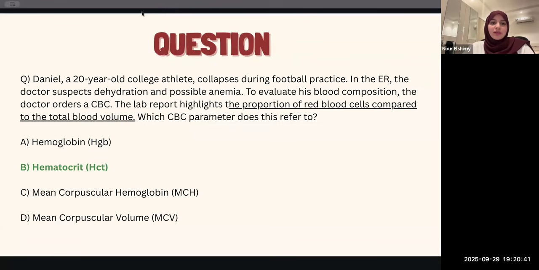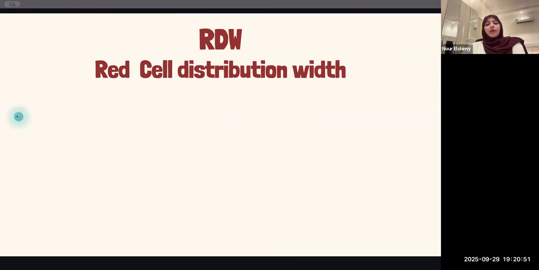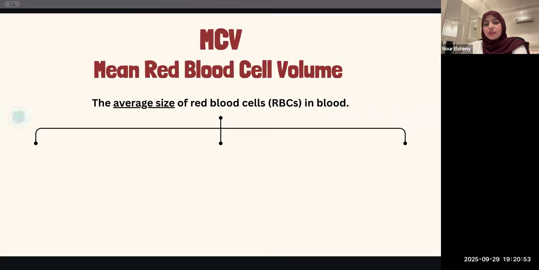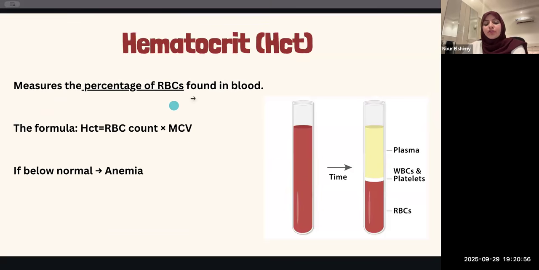I don't think anyone said A. Okay, hematocrit, let me actually go back. Hematocrit tells us the percentage of red blood cells found in blood. So basically, the amount of red blood cells proportional to the total blood volume. When you see the word percentage or red blood cells proportional to the total blood volume, this is what we call hematocrit.